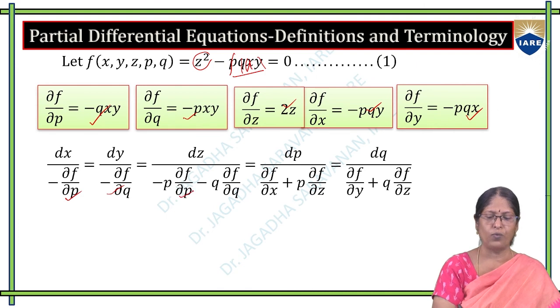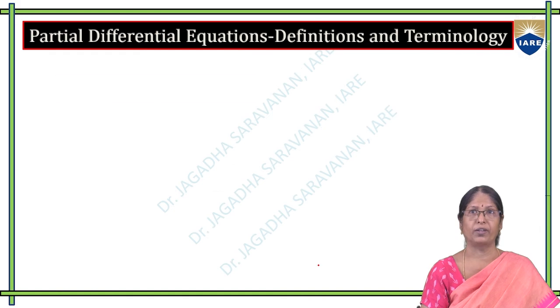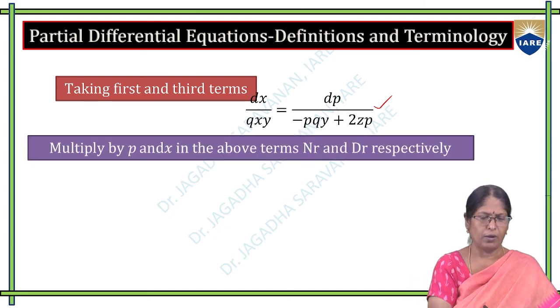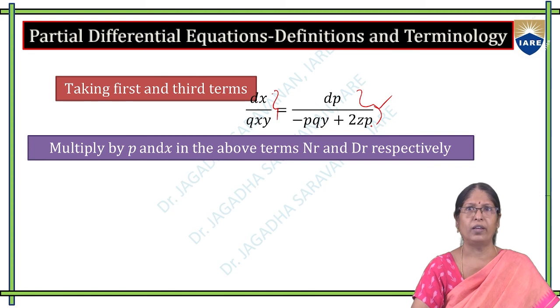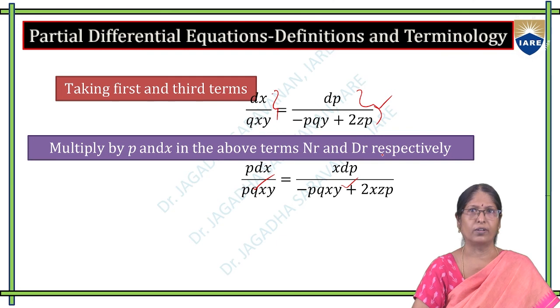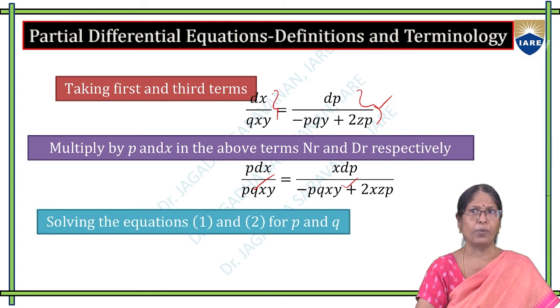Everything, the terms we are going to substitute in these particular places. After substituting, we are taking the 5 members, the first and third member, multiplying both up and down by p and by x. Anything we can take; it is not strictly that we have to take p and x, but it is easy to integrate. So we have done it and obtained one result. In the same manner, we are taking other members.